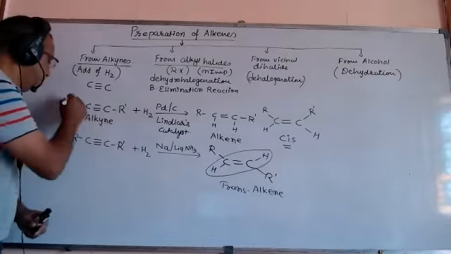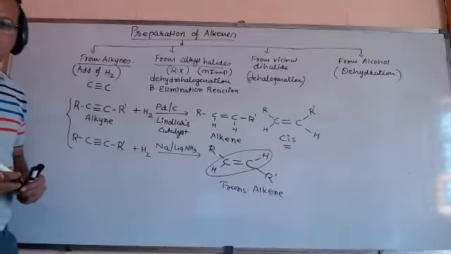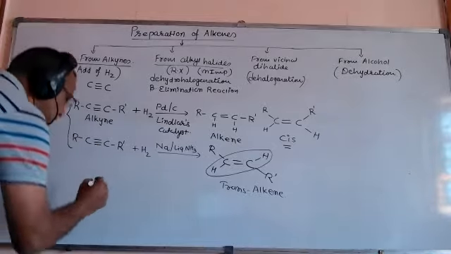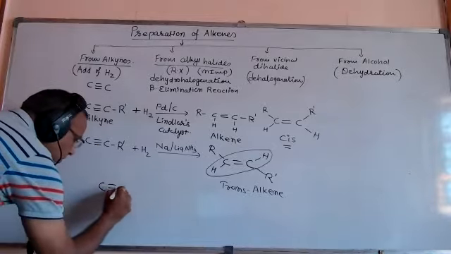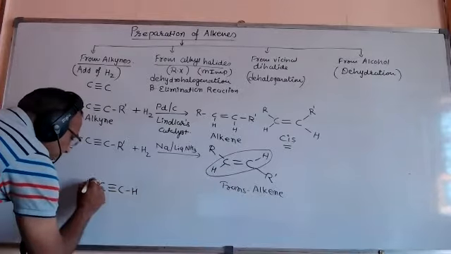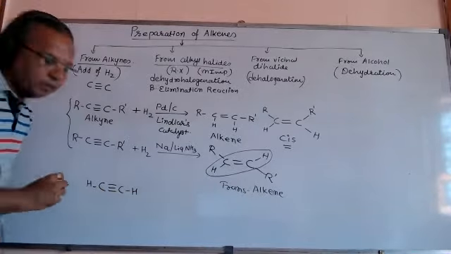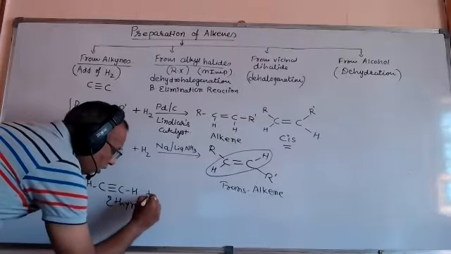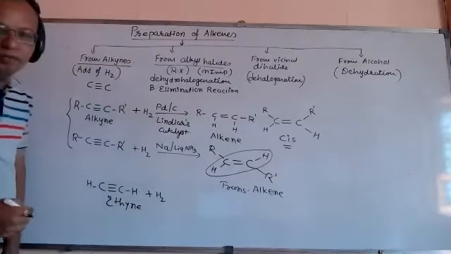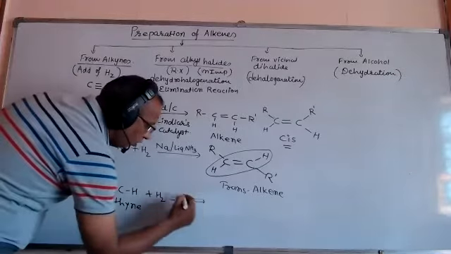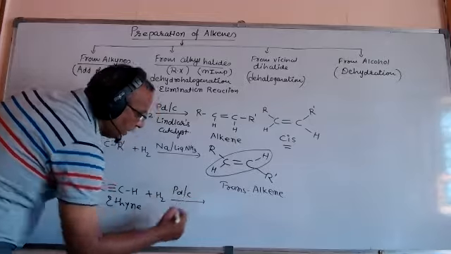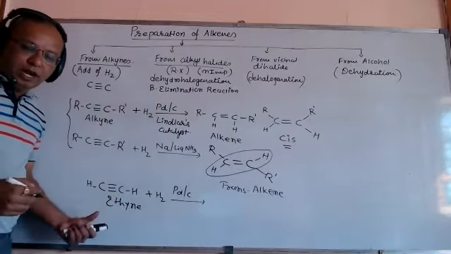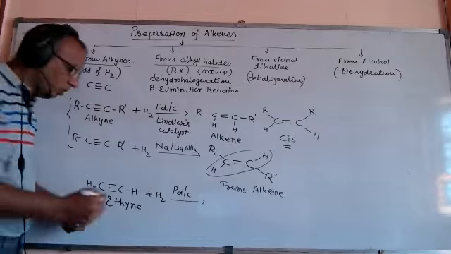So this is very important, friends, preparation of alkene. Now let's consider the simplest example, which is ethyne, two carbons, added with hydrogen. Here we can put palladium and carbon. Here no cis, no trans, because isomerism is not possible here.